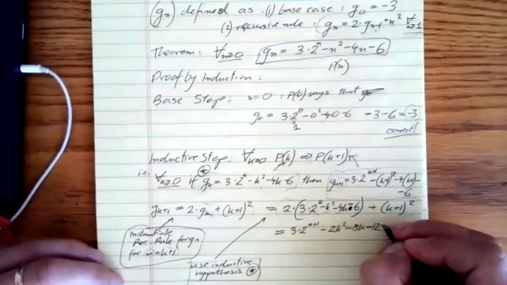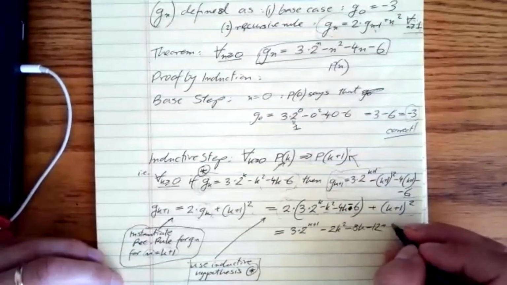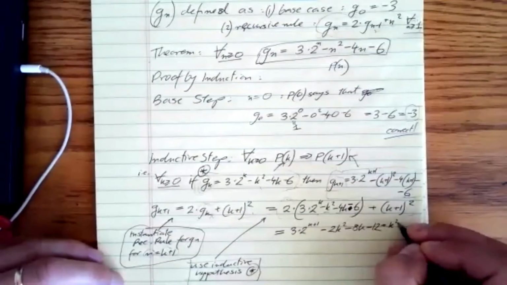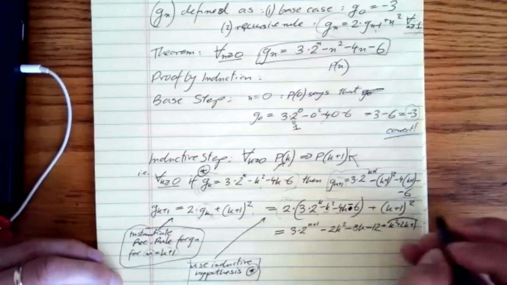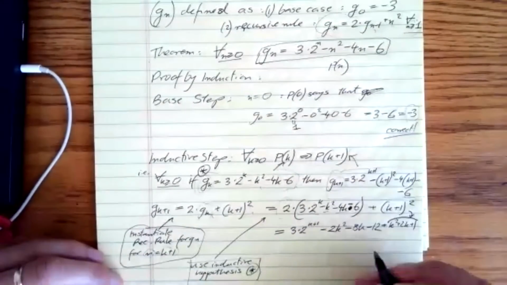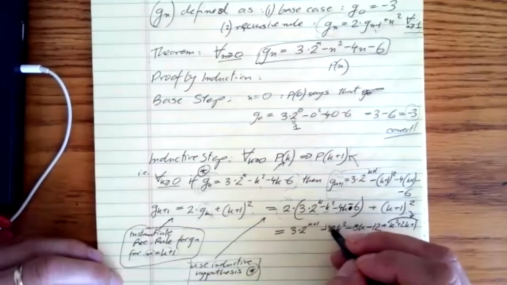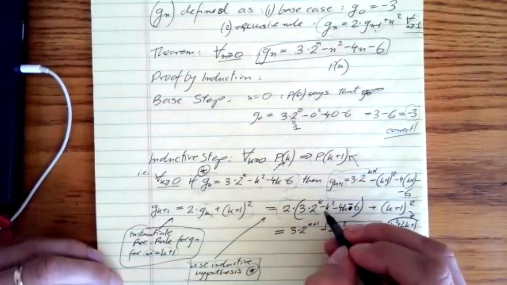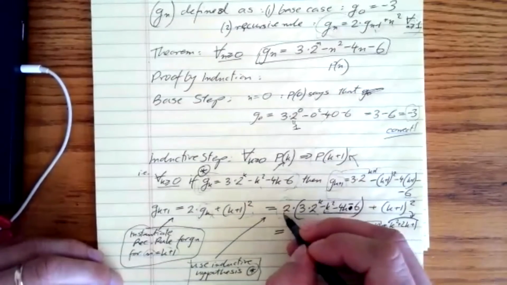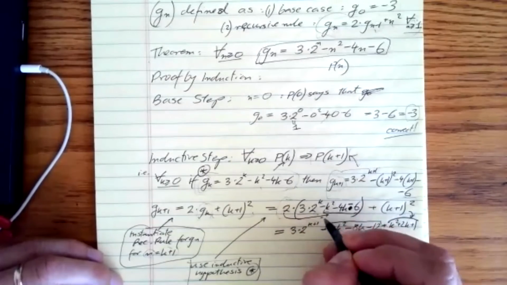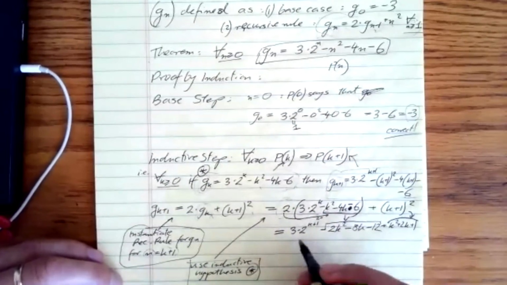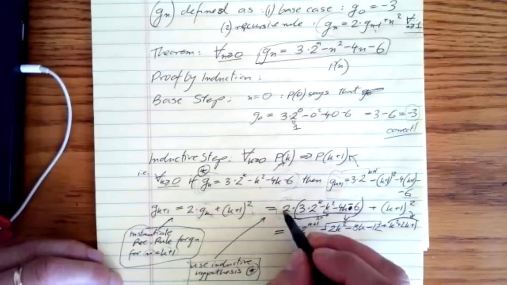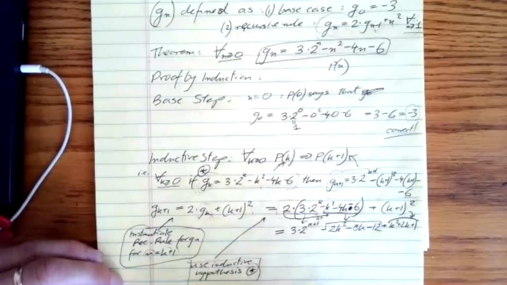And then I have this k squared thing. Okay, so that's k squared plus 2k plus 1. Right, so this part is from here. This part is multiplying 2 times those 2 times this, right? And this part is here.